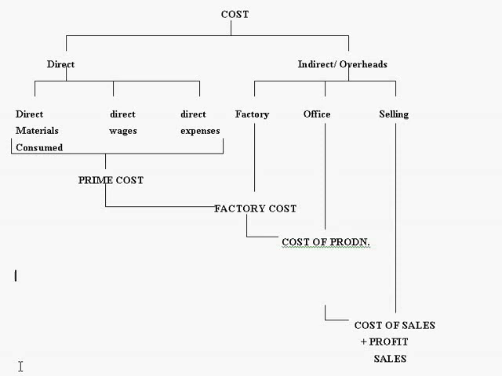Like in a ready-made garment factory, suppose some cloth has been cut and kept, and it will be stitched tomorrow. So that cloth which has been cut, cutting करके रख दिया है, the stitching will be done tomorrow, but that cloth which has been cut is not now in the form of raw material.